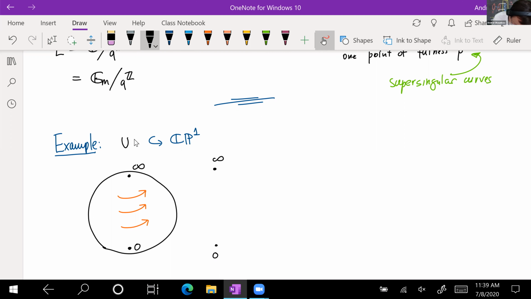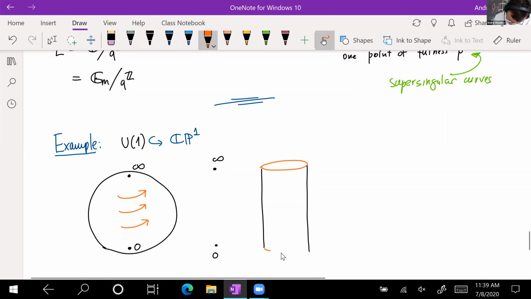So I apologize, let me just get the U1. And then another cell is a cylinder, which is U1 cross, so that's my equivariant cell. That's U1. This is my U1 free orbit cross disk 1.